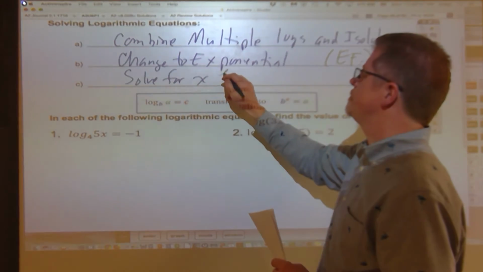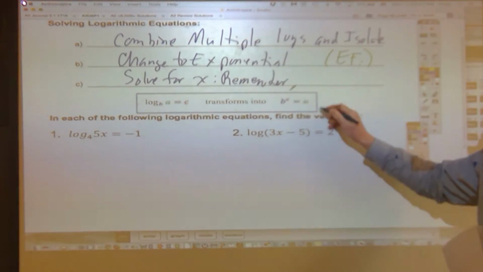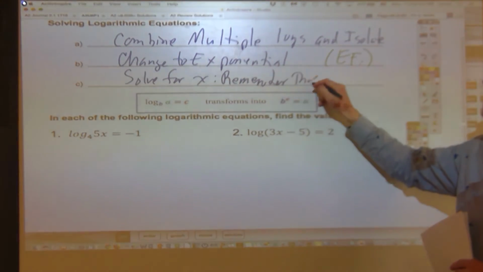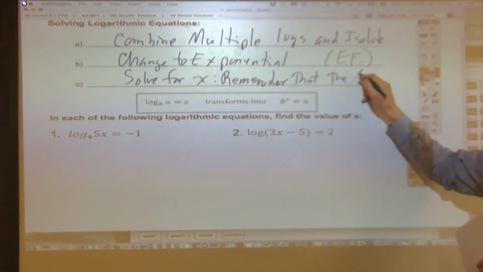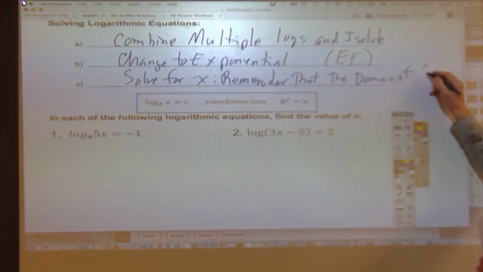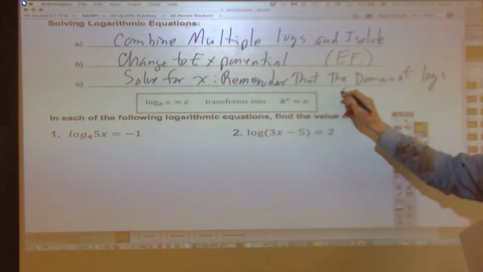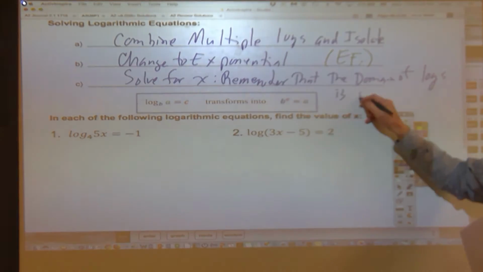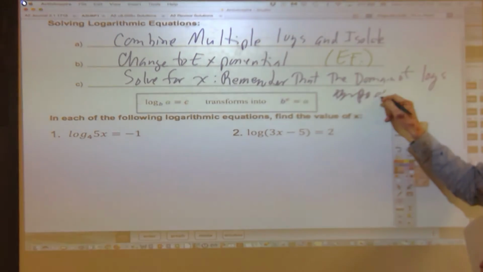There's a note here. Remember that the domain of logs are positive numbers only.